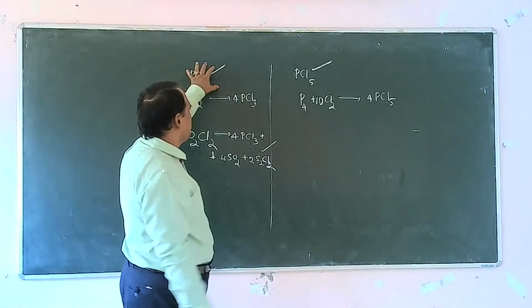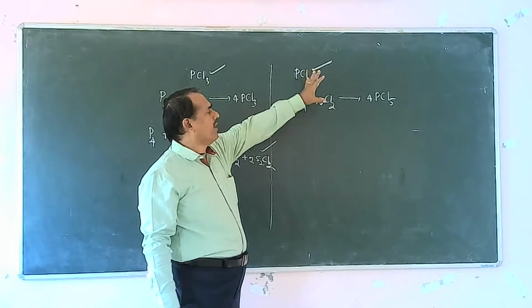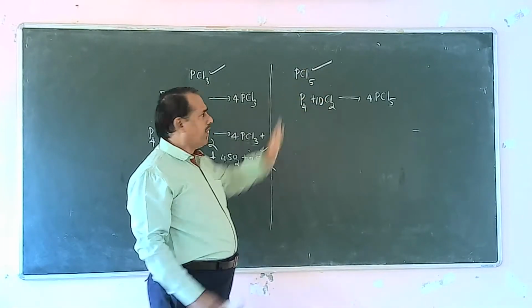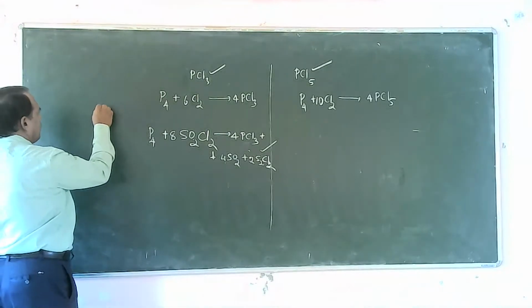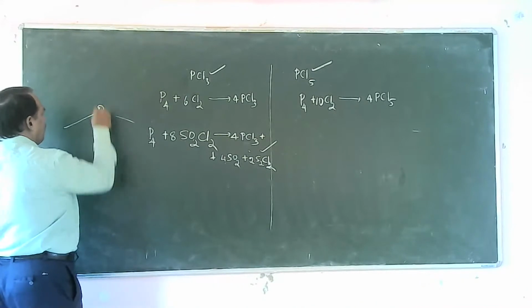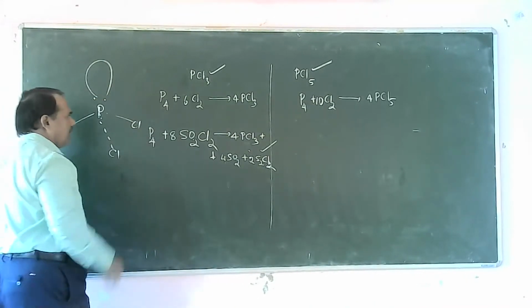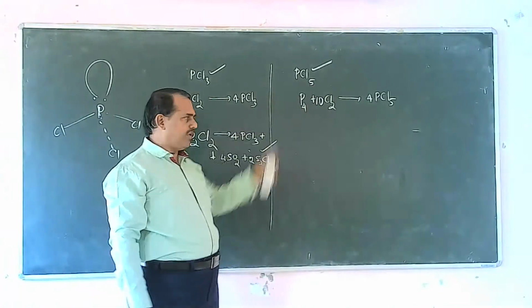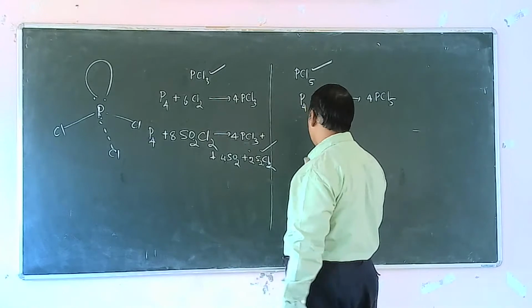As you compare phosphorus trichloride and phosphorus pentachloride, PCl3 is more covalent, and it is a pyramidal shape. You can find this phosphorus atom and one lone pair. If you go for the structure of PCl5, you studied this in first PUC.